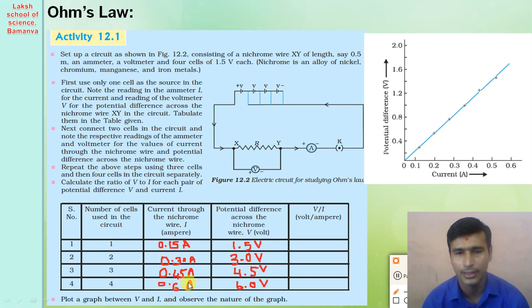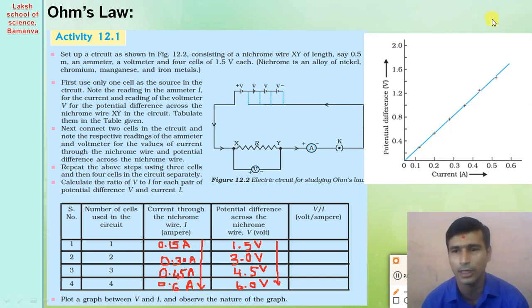And then if we see the observation, all of you see this observation, as the potential difference across the nichrome wire increases, the electric current passing through the nichrome wire increases, right?